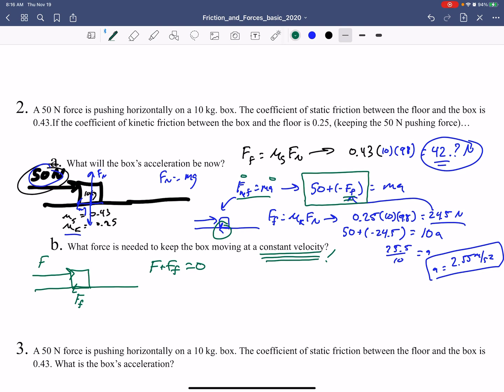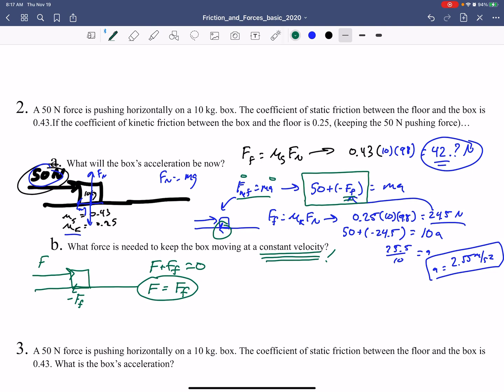Another way of saying that is that whatever the value of F is, that has to equal these two forces in magnitude, and the amounts have to cancel each other out. We know that this technically is going to be a negative sign, but what we're talking about now is just the amount or the magnitude. If it's 50 newtons this way, it's got to be 50 newtons this way. Again, in physics, you can drop negative signs if you understand what's happening.